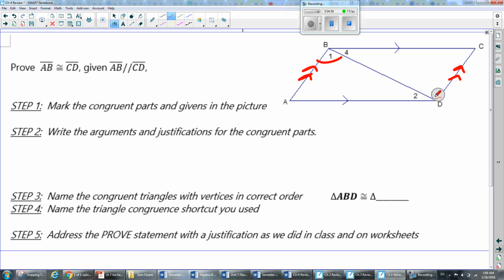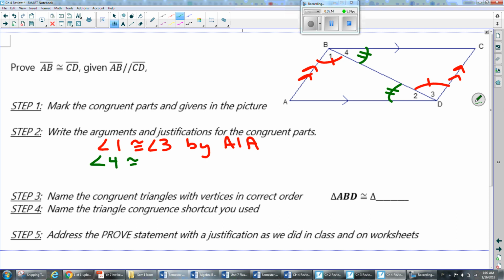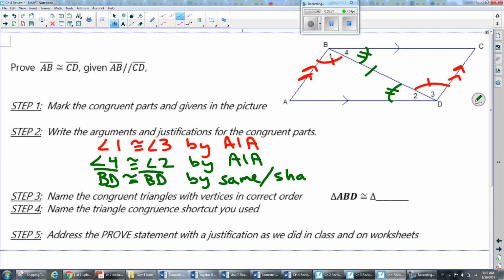We'd have angle 1 congruent to angle 3, since those are alternate interior angles, I'll just abbreviate those. Same with angle 4 being congruent to angle 2. And the last one, since this side is shared between the triangles, you could say segment BD is congruent to itself by the same side, or you could say that it's a shared side.